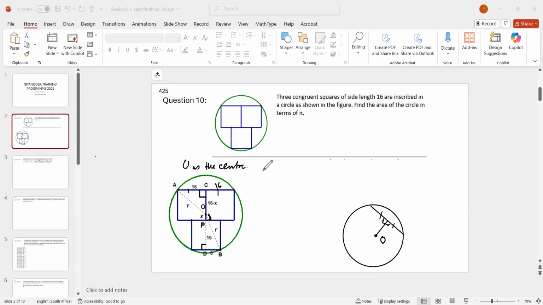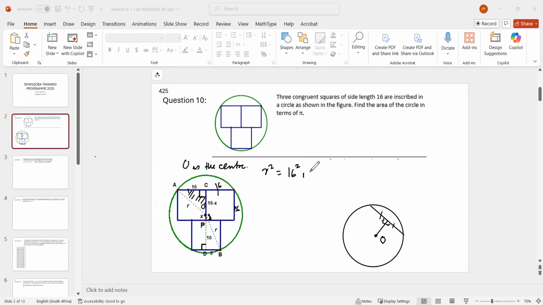So if I look at this triangle here, then r is the hypotenuse of the triangle. So r squared is equal to 16 squared plus this squared. Now this distance here, I've got a small part here, which is x. The whole thing is 16.